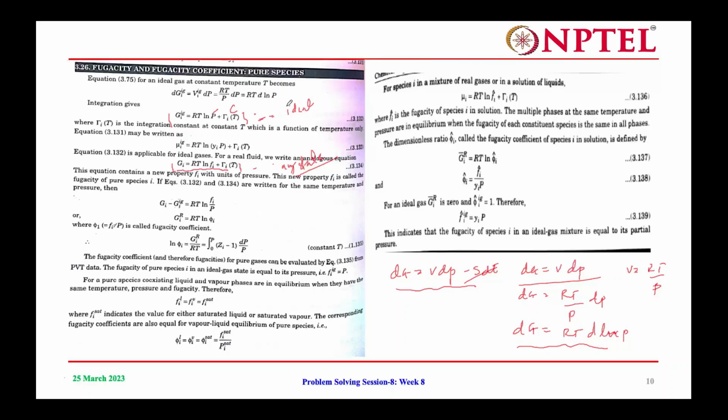Now suppose this is equation 1, equation 2. So now Gi minus Gi ig equal to RT ln fi by P, right? So we know the residual properties formula, actual minus ideal, so Gi with superscript R, indicating the residual property, equal to RT ln phi. So here fugacity divided by pressure equals the fugacity coefficient, right?